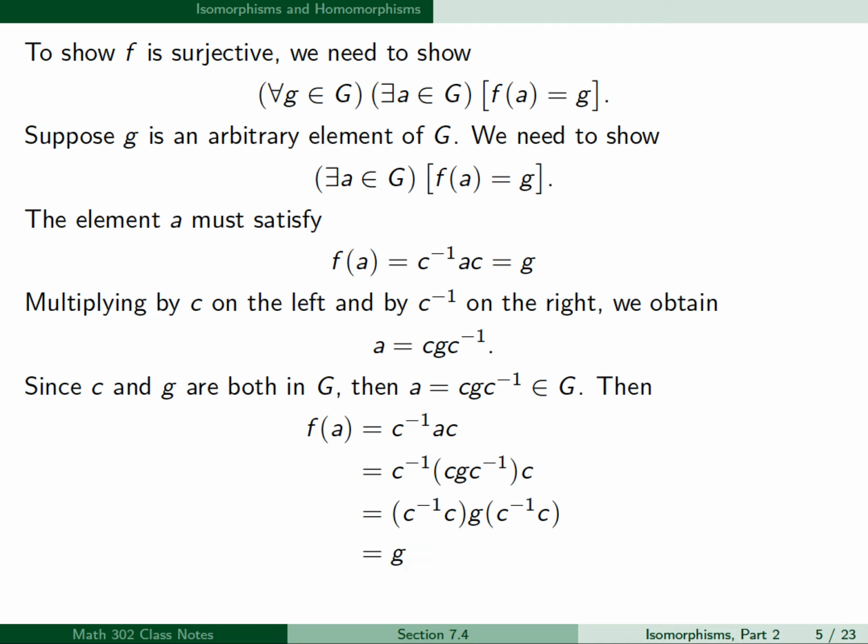Using the associative law, we obtain this equality, and the c inverses all equal the identity, so this reduces to a is equal to b. And therefore f is injective, and thus f is an automorphism.